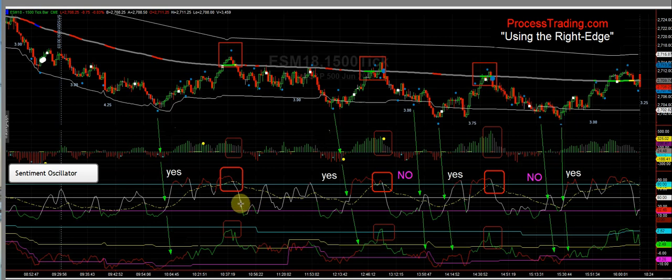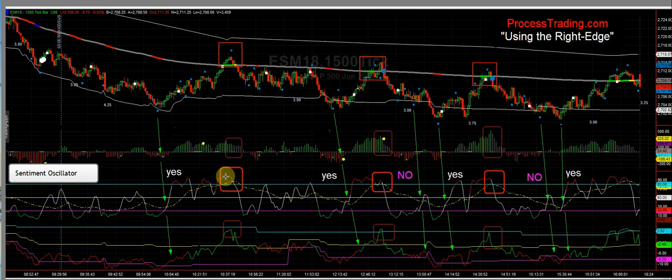Another way to think of these lines, other than momentum and sentiment, you can think of the momentum as the impulse movement of price, where sentiment is more the conviction of price or the belief in price.